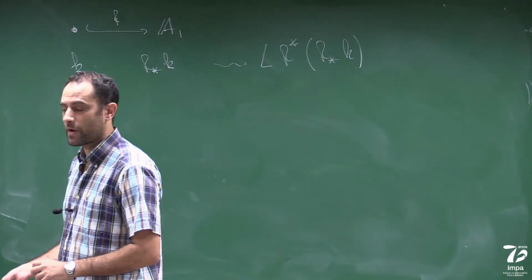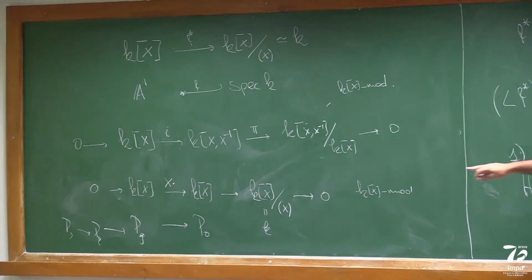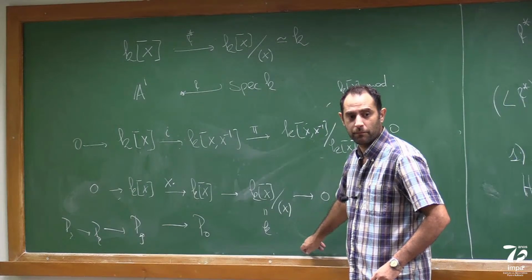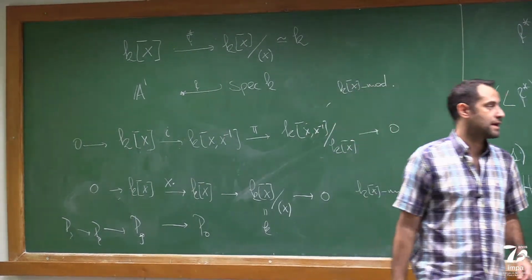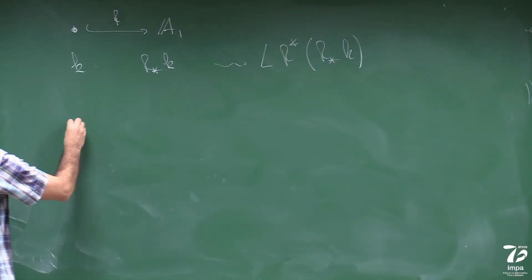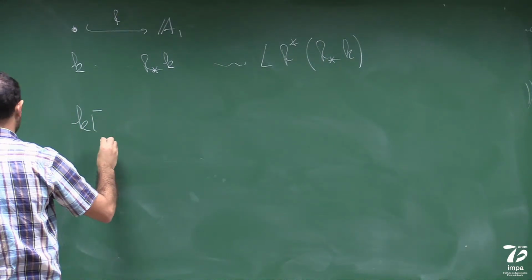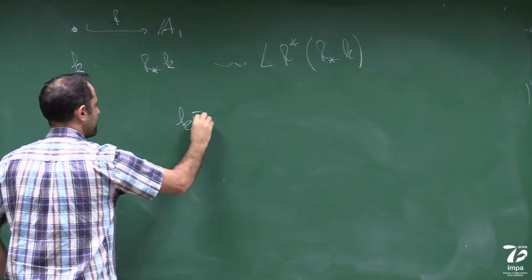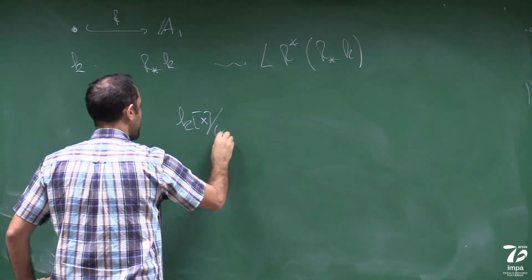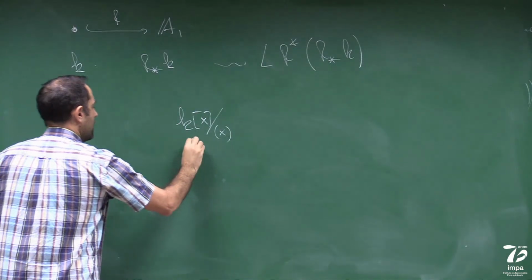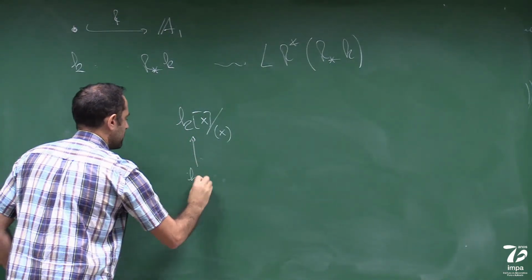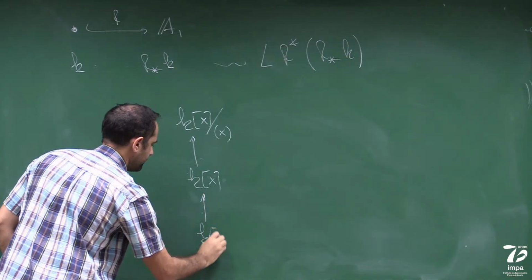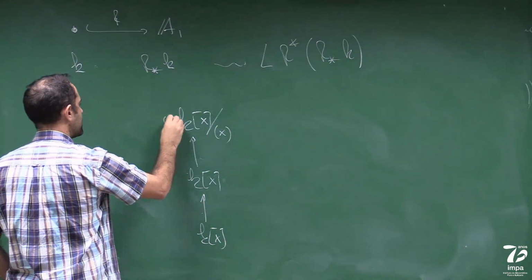Is it clear? So I have this guy as a k[x]-module, and I want to pull it back by S. So I'm going to take the tensor product of, so this is what I want to compute, k[x] divided by x, and I have my projective resolution, k[x], k[x], and I'm going to tensor it.